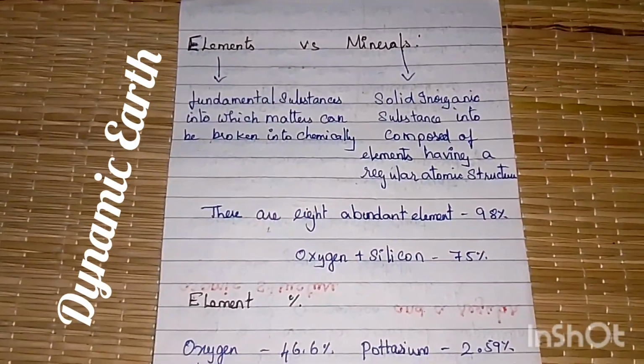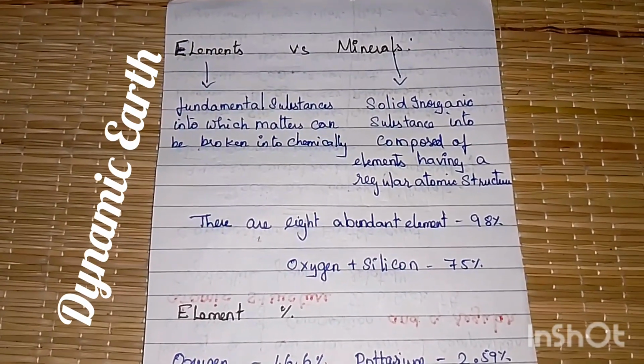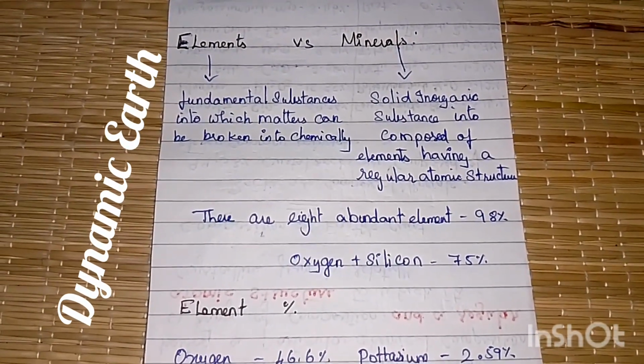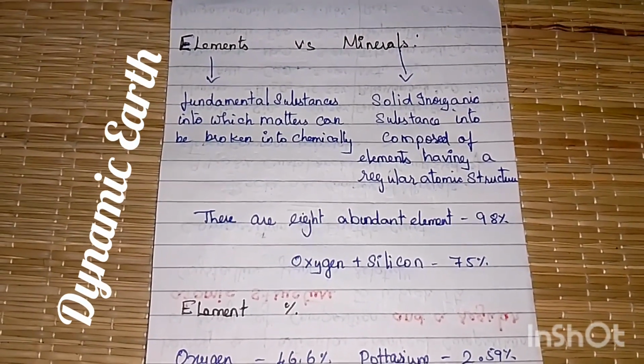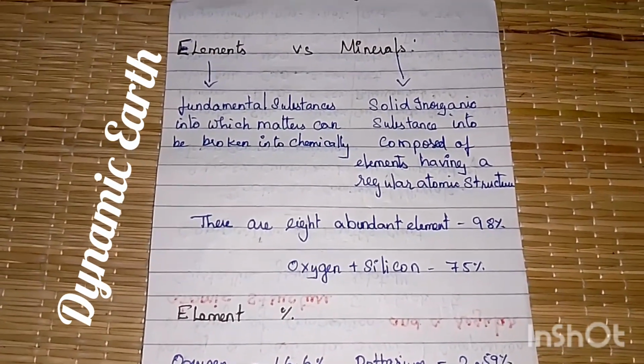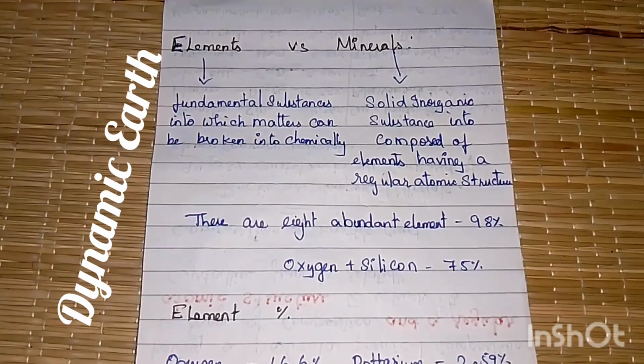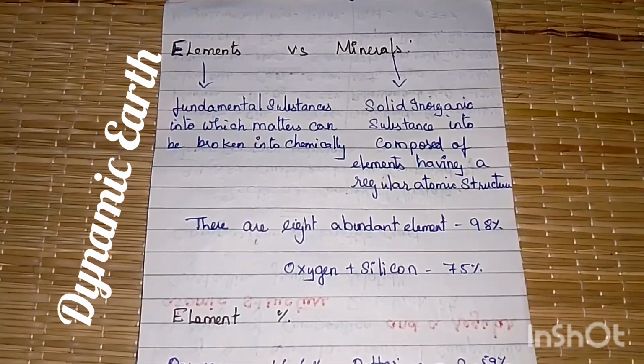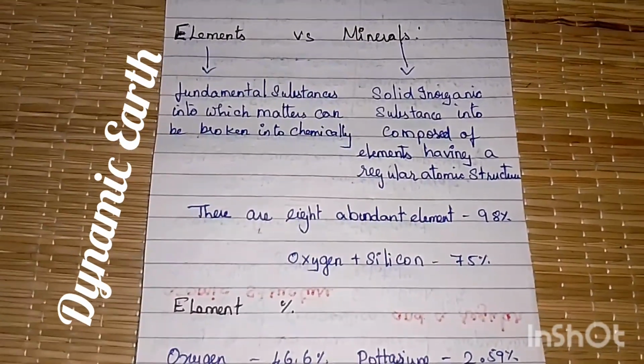There is a significant difference between an element and a mineral. We all know that a mineral is a solid inorganic substance which has a regular atomic structure and should be in a crystalline form. But an element is a fundamental substance which cannot be broken into smaller chemical substances.